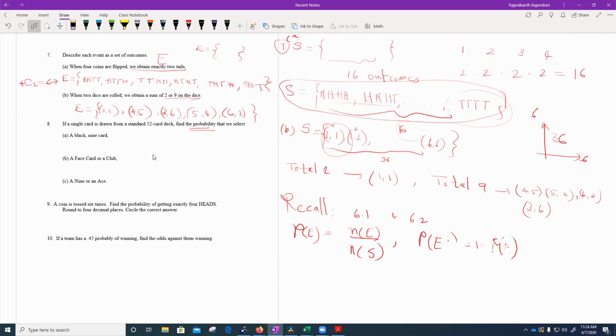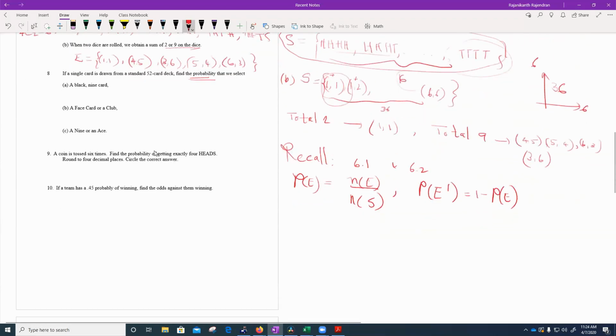Then we had one more formula: the probability of E or F, where or means union, is the probability of event E plus the probability of event F, minus the overlap of these two events.